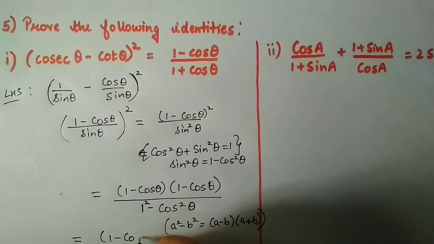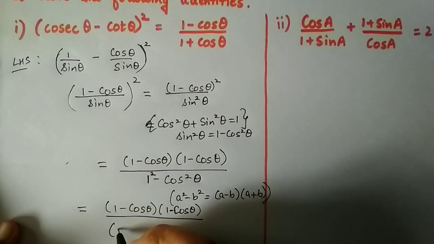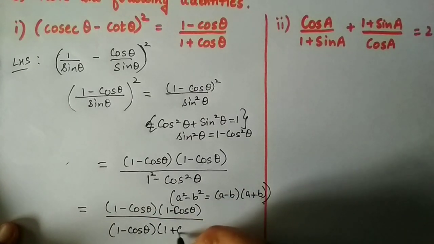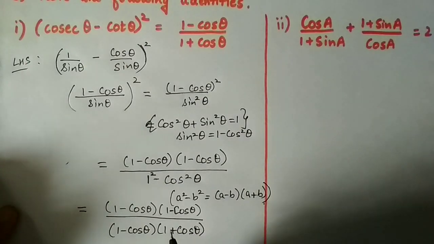1 minus cos theta into 1 minus cos theta upon, in denominator it will become a minus b into a plus b. Okay, so we have removed the sine term and we are left with cos terms only.